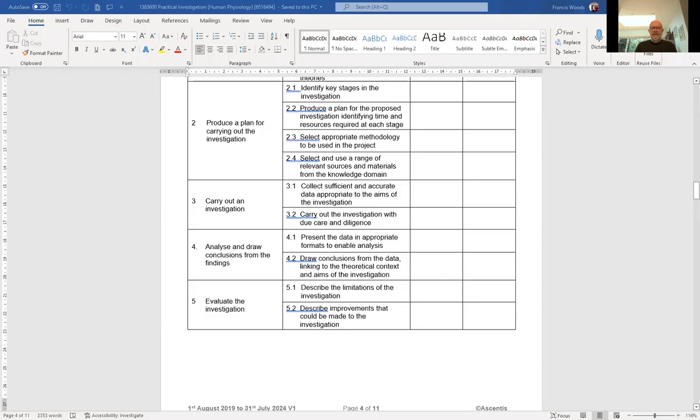So here we have the brief, and if you see, we're looking really at learning outcomes 3, 4, and 5. Okay, now when you're actually producing your results in the experiments, you've recorded them in a table.